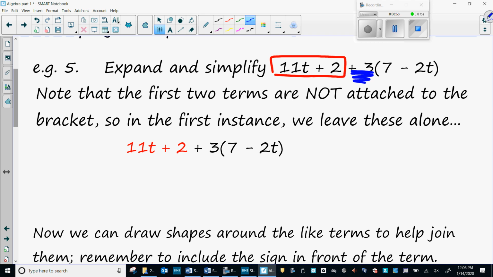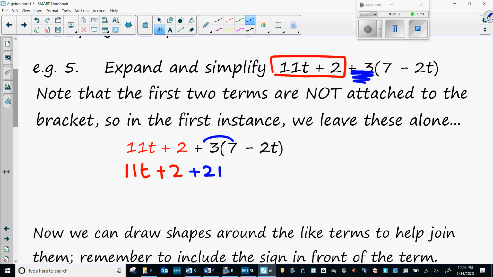I'm now going to expand my bracket. So my 11t plus 2 just stays there. I'm multiplying 3 lots of 7. 21. And I look at the signs. This is a plus 3, okay? So we're going to have plus 21.